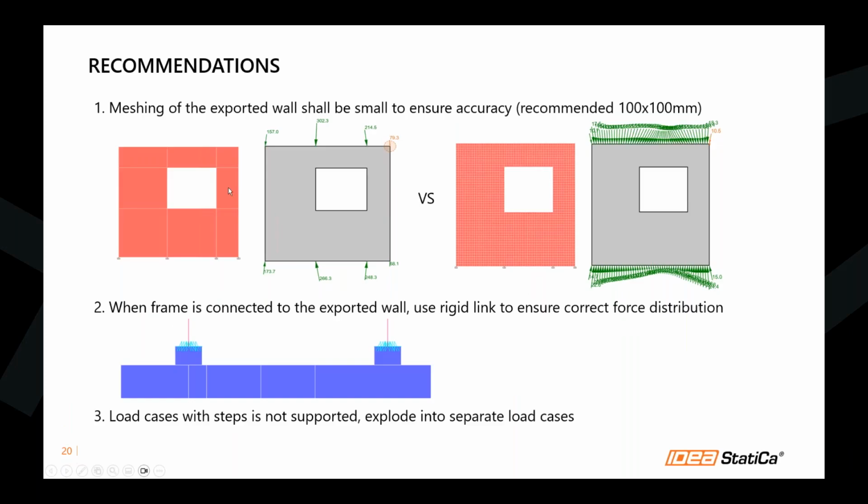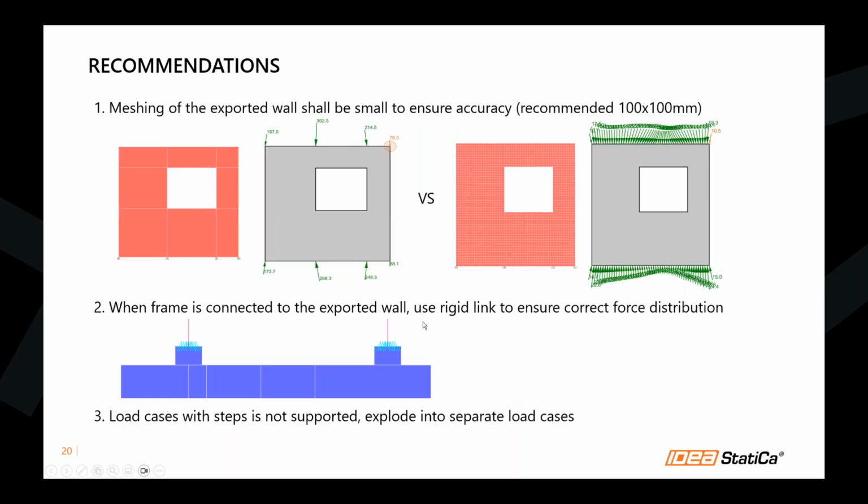And some recommendations if you are using this link. Meshing of the exported wall is important. We recommend you go for a smaller size, because as you can see on the left here, if you are not meshing it, you can see the concentration of force. And from engineering judgment, you would know that this is wrong compared to the one on the right where the force is distributed equally.